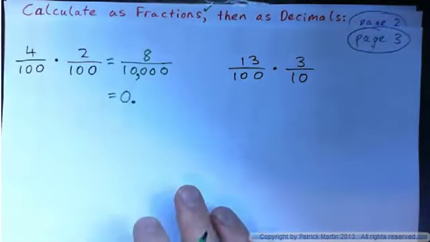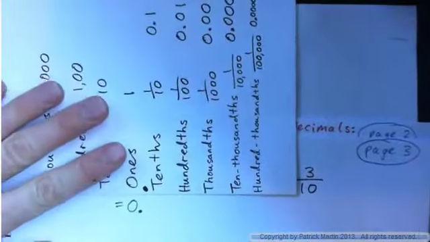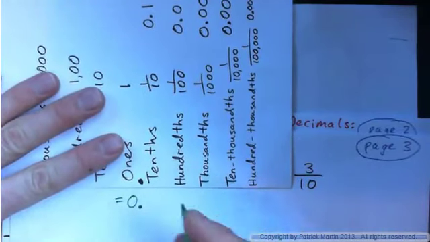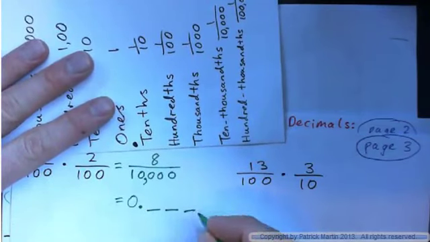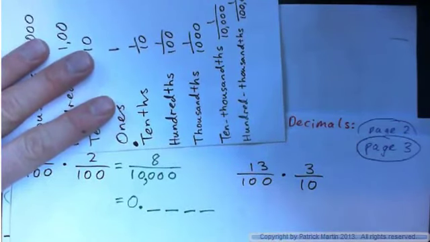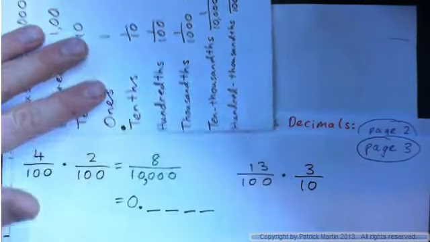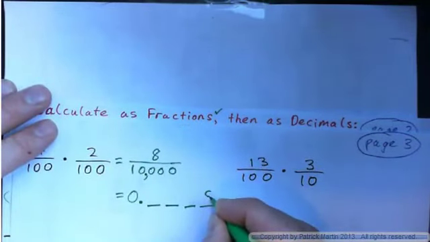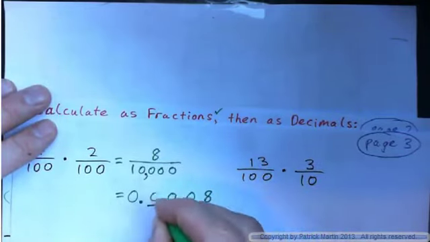Okay, and I'd really like you to practice this. We've got tenths, hundredths, thousandths, 10 thousandths. Tenths, say it. Hundredths, say it. Thousandths, 10 thousandths. Right? Remember that? So it's 8 10 thousandths. So we put 8 here, don't we? And now you have 3 spaces for 0. So just fill that up with zeros, and that's your answer. Right?